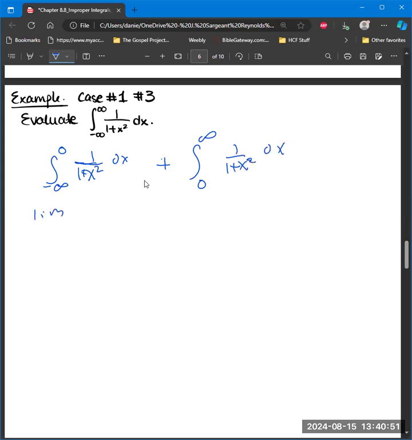This is limit as a goes to negative infinity of the integral from a to 0 of 1 over 1 plus x squared dx plus limit as b goes to infinity of the integral from 0 to b of 1 over 1 plus x squared dx.